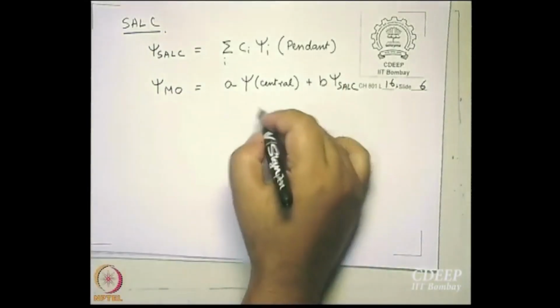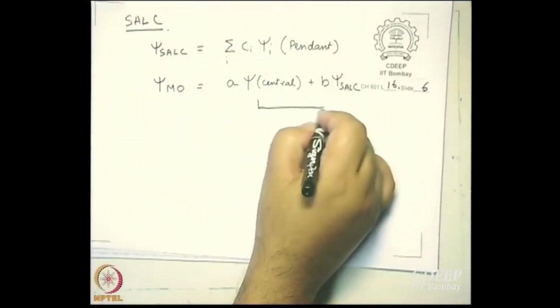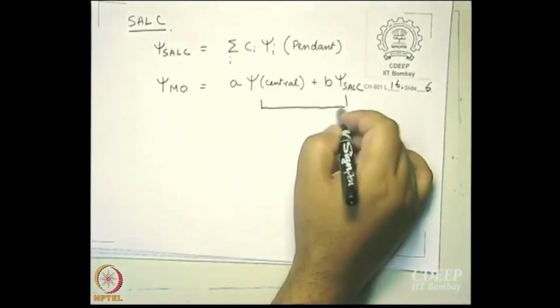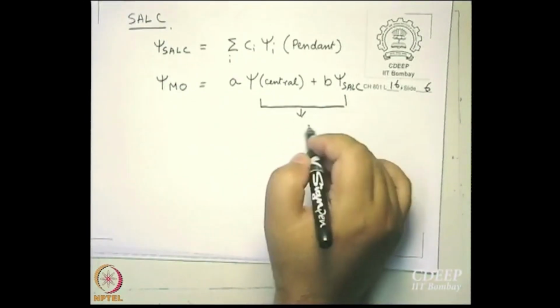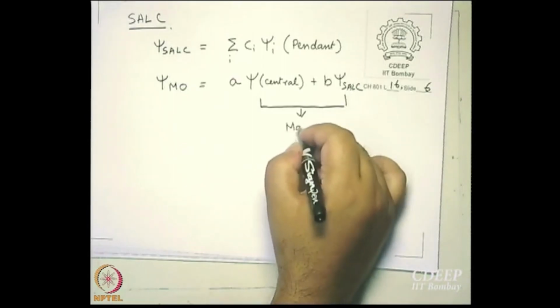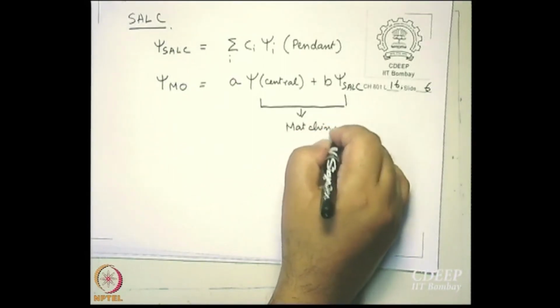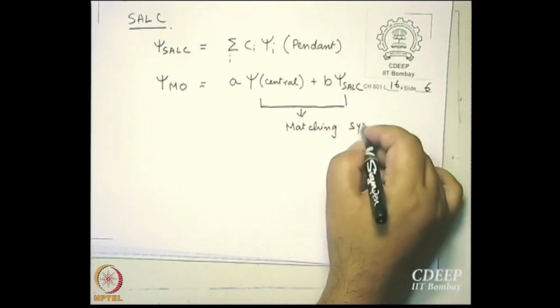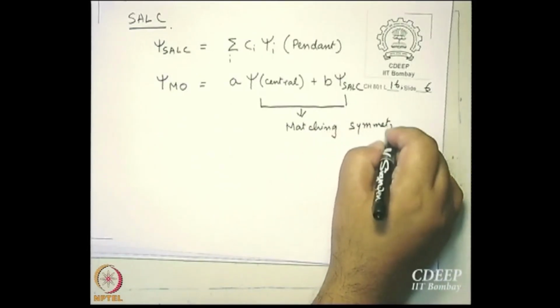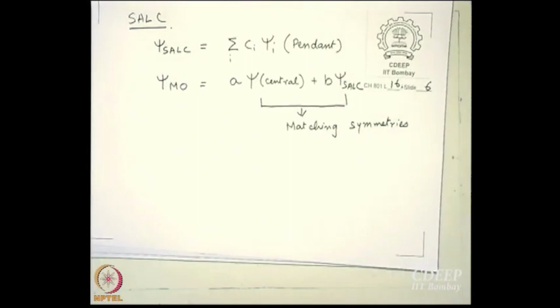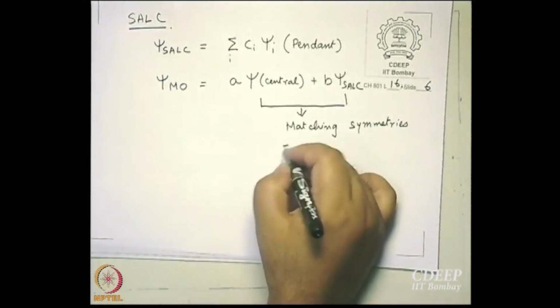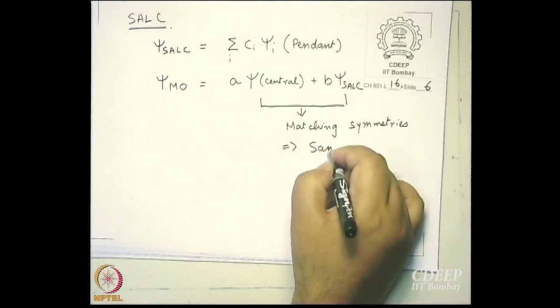Okay? What is the restriction? This psi central and psi SALC must have matching symmetries. In the language of group theory, they must belong to the same irreducible representation.